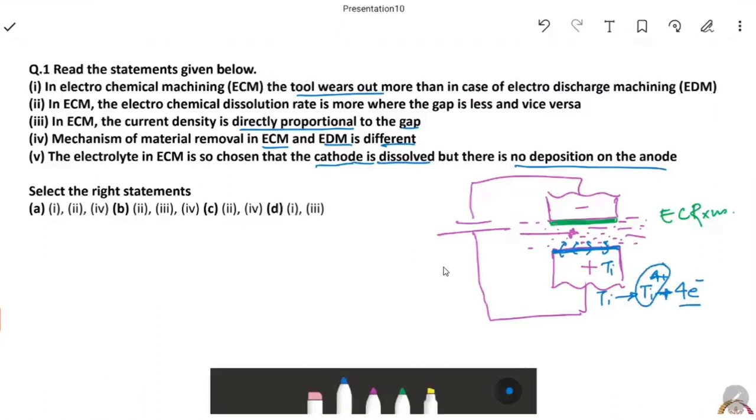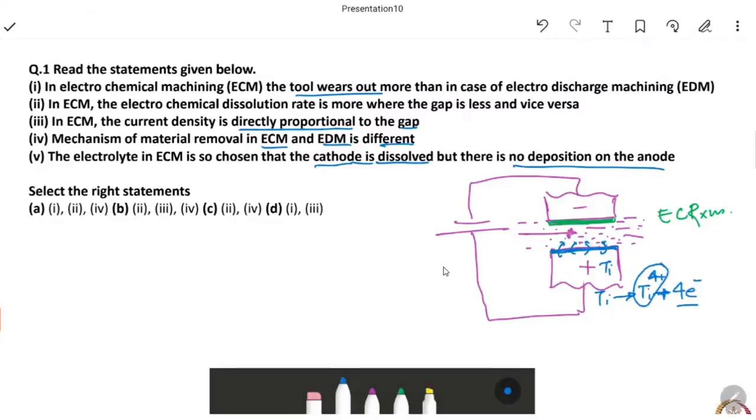These ions are getting liberated into the electrolyte. So there can be multiple options. These ions can flow across this interelectrode gap up to the cathode and get deposited there.